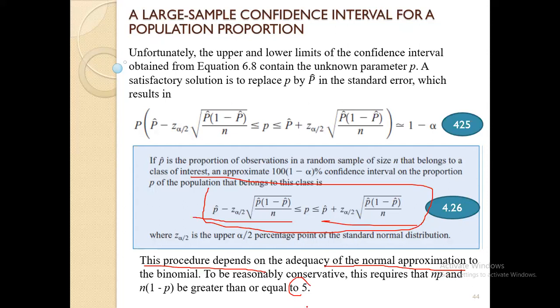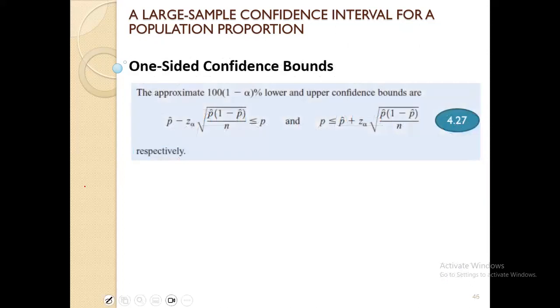If N multiplied by P, and N multiplied by (1-P), are greater than or equal to 5, your technique is accurate enough. This is for the upper and lower bounds.